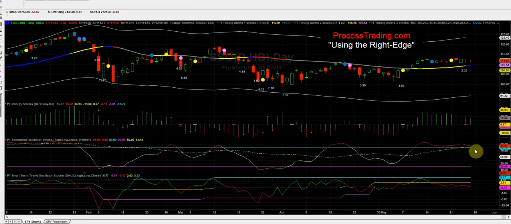Well, there's an argument for that, because the Intergy, or the internal energy to it, had a weak point here with the red point here and the gray bar, so weakness is coming in. But relatively, when we look at this gray bar here, it's about the same height as these demand bars here.